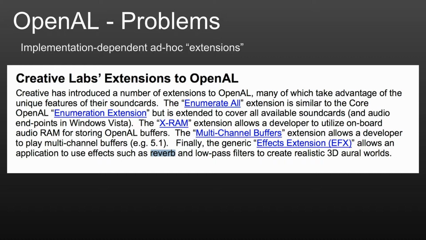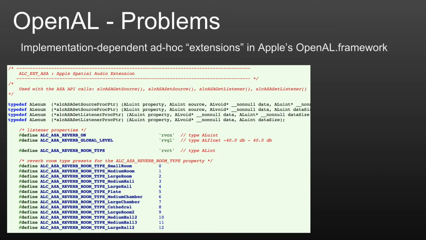So for example, Creative Labs had this EFX extension for reverberation, and their reverberation algorithm was custom and it was proprietary code. And then when I worked on OpenAL at Apple, we had a different kind of reverberation algorithm, one I worked on called the MIDI.